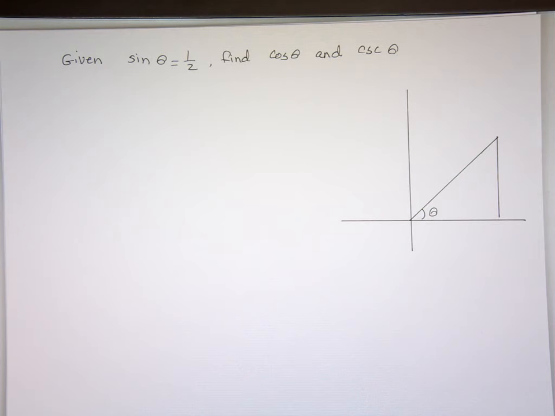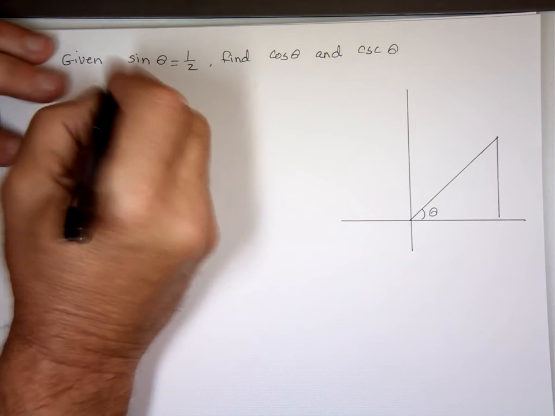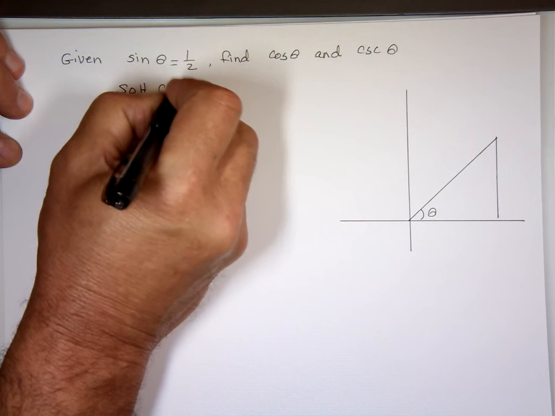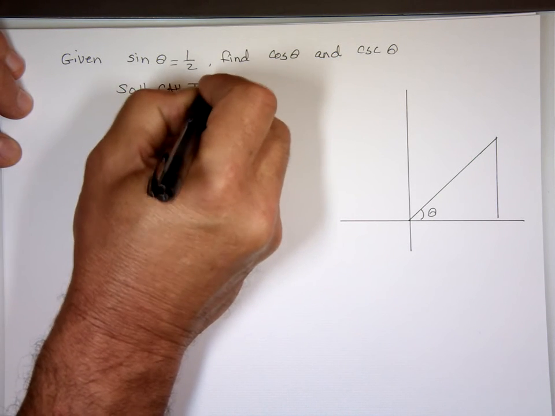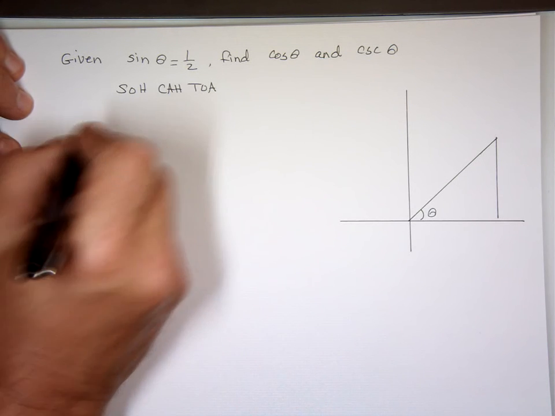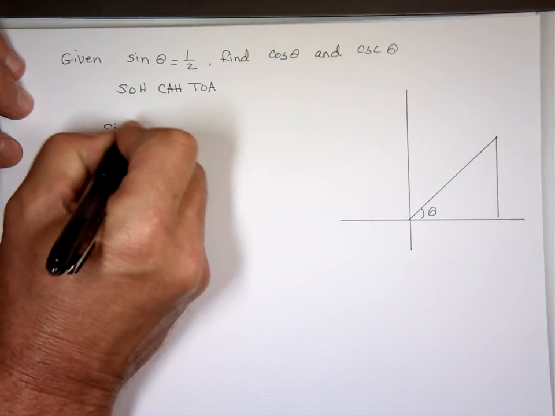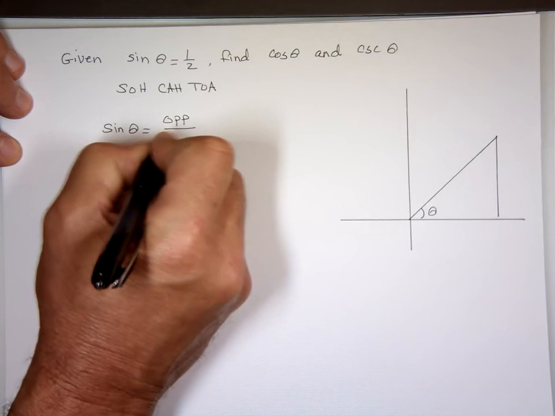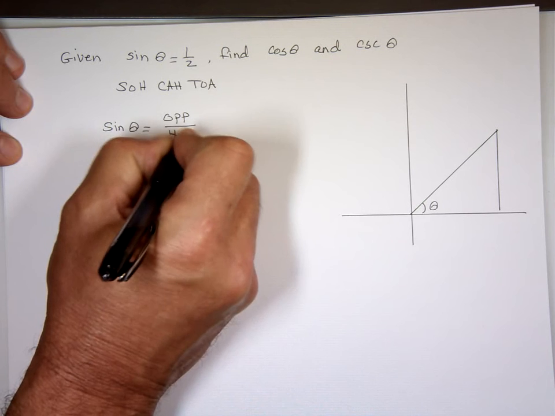Remember SOH CAH TOA. The sine is opposite over the hypotenuse. That's what the sine is.